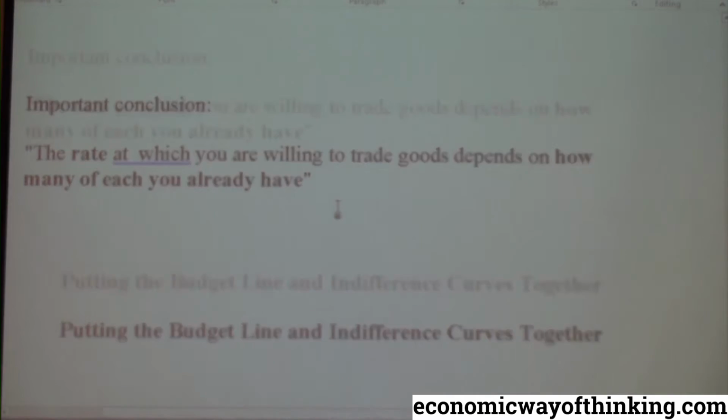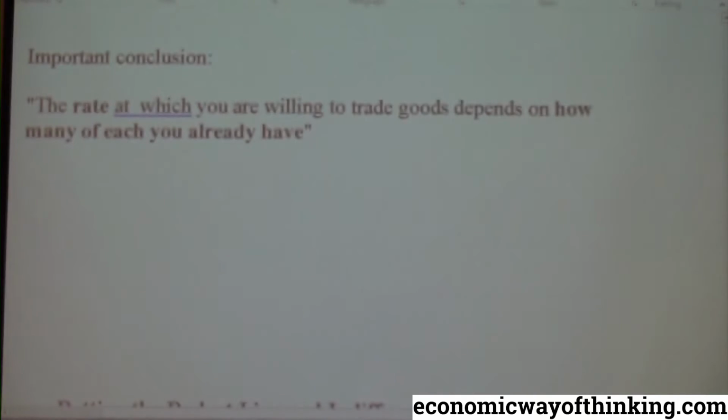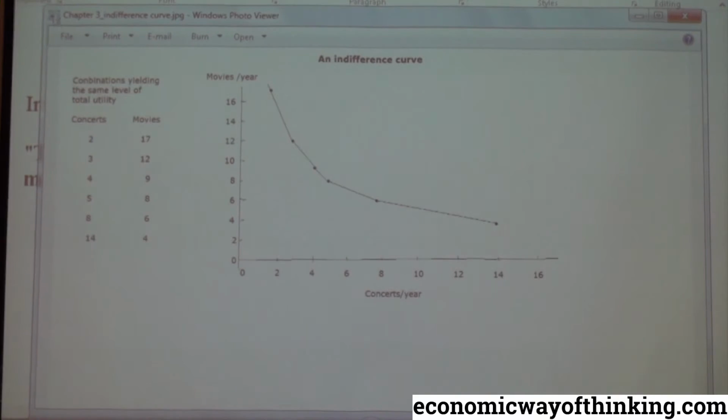Based on our discussion, we could arrive at the very important conclusion that the rate at which you are willing to trade goods depends on how many of each good you already have. Look at the slope of the indifference curve. You see the slope of the indifference curve is getting less and less. It means for each extra concert, you are willing to give up fewer and fewer movies because you have more and more concerts.